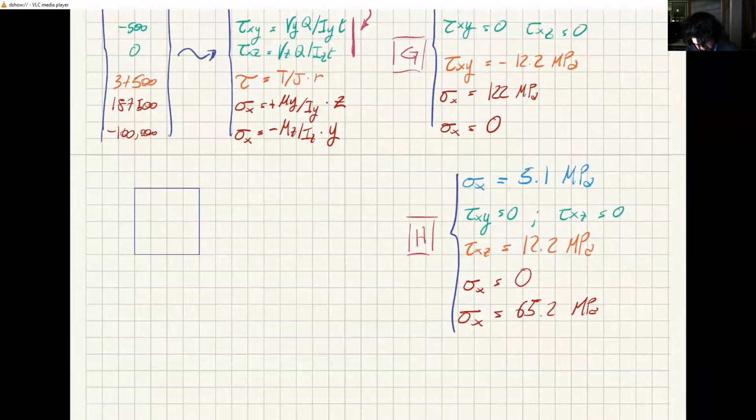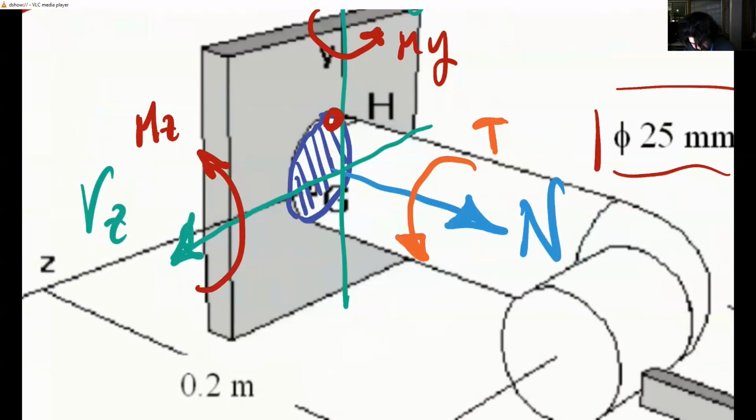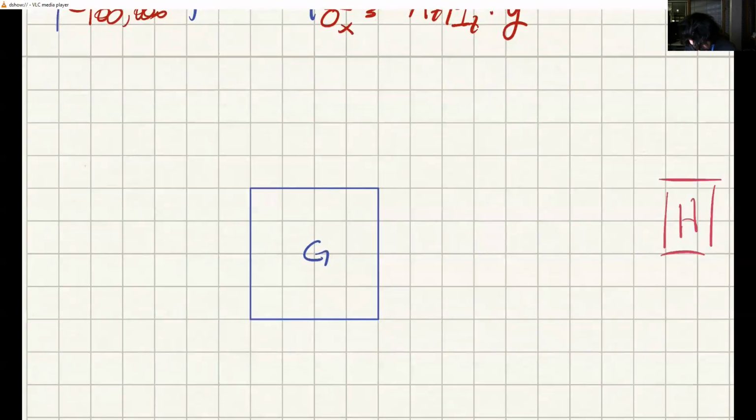So this is the infinitesimal around G. If I look at G here, G has the x-axis along this direction and the y-axis along this direction. So I can just draw this x-axis and y-axis.